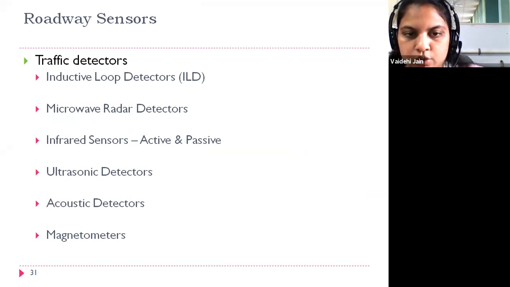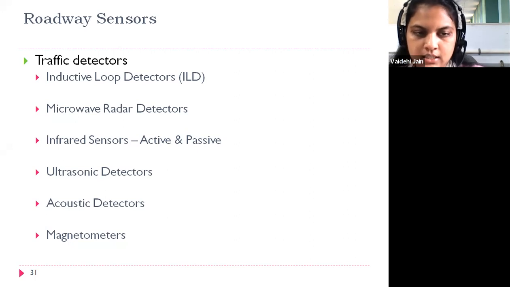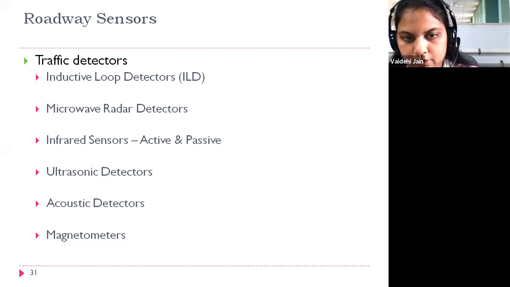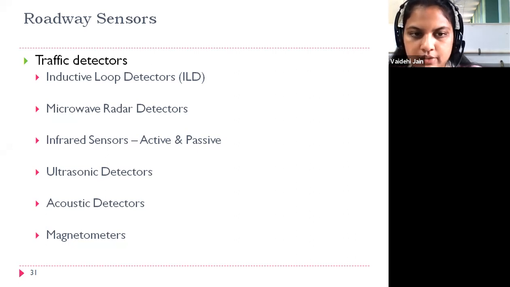So if you want to reconstruct or maintain it, or some problem is there, you have to go for a destructive method on the pavement. But in the microwave radar detector, it is not so. Microwave radar detectors are above the ground level, in fact above the level of a vehicle, with signal processing.